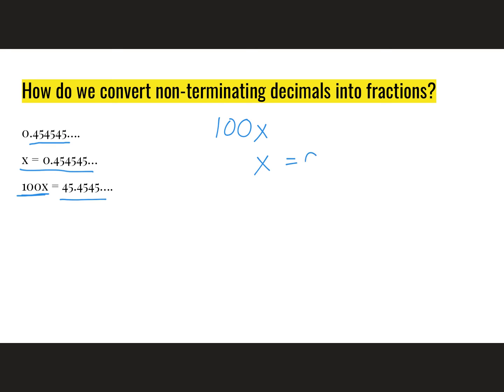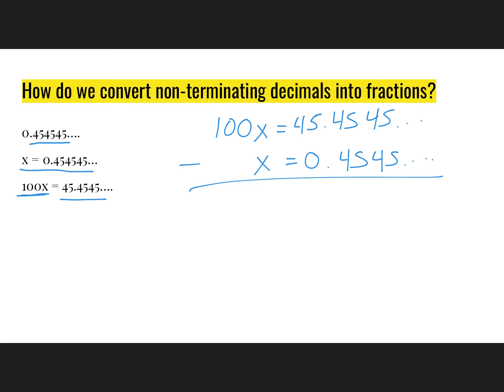So x is 0.4545. Let's put the dots. And 100x is 45.4545... When I subtract here, I get 99x equals 45, because the 0.4545 forever cancels.